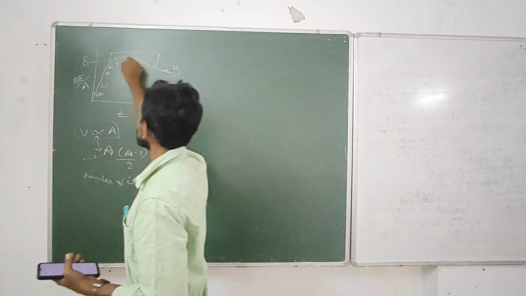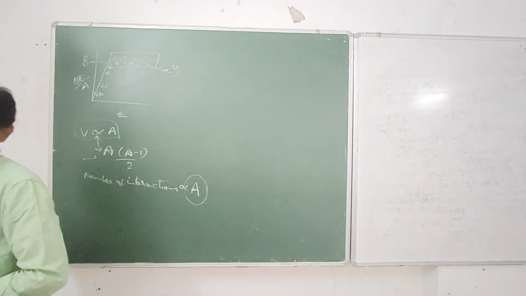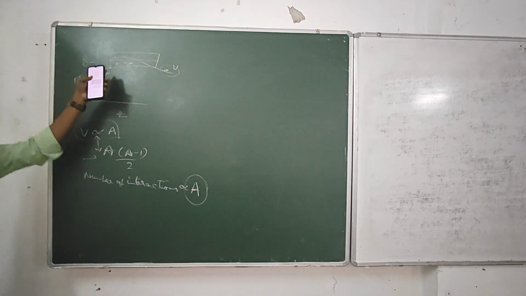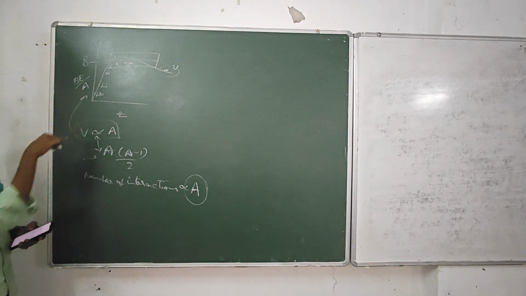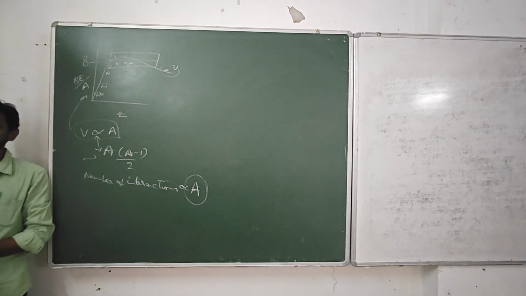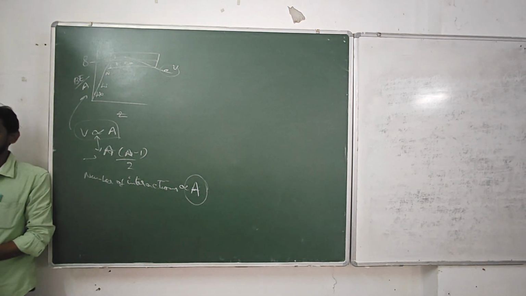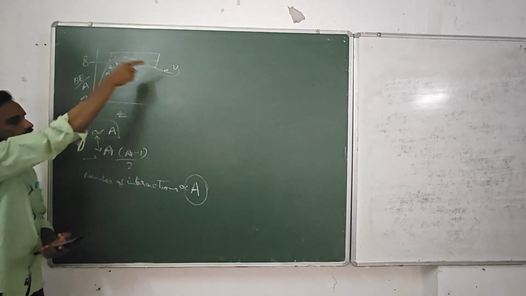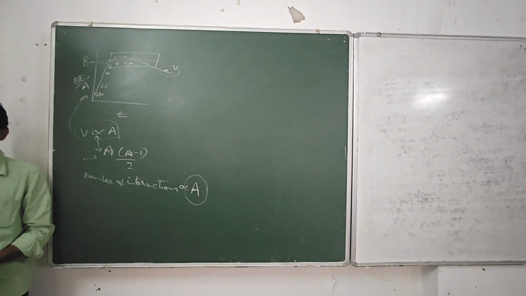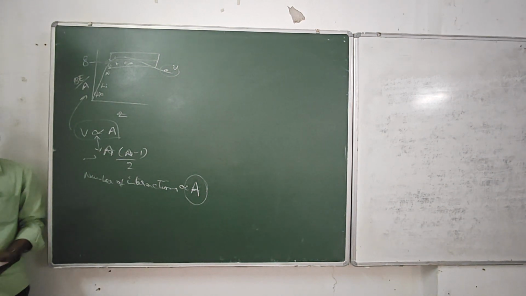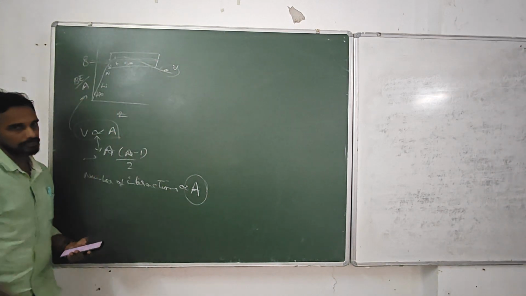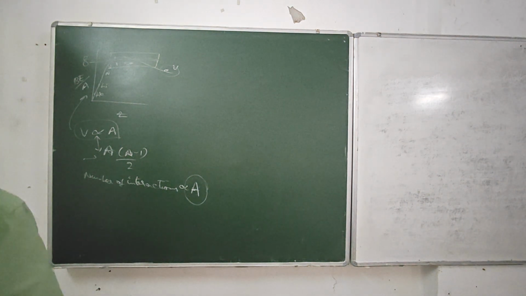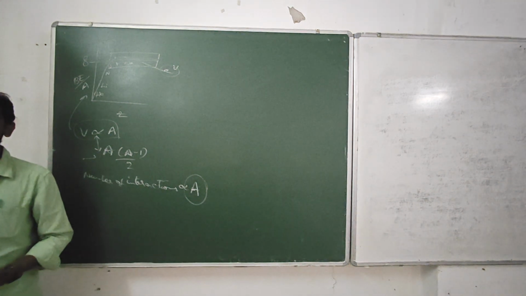So that's why here this number is almost constant. And in that region only this condition is valid. Volume is proportional to A. Here there is a drastic change. Here there may be some change. So on average we are considering the nucleon binding energy to be 8 MeV per nucleon. That is the most crucial point that we need to understand at this level.